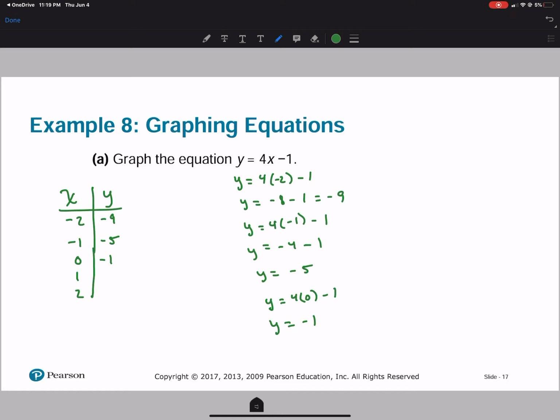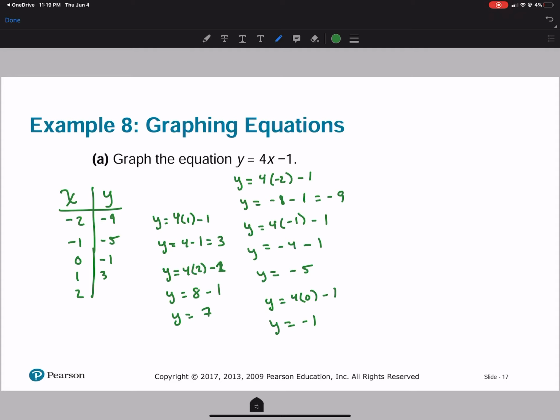And when we put 1 in there, Y is equal to 4 times 1 minus 1, which is 4 minus 1, which is equal to 3. Then we have Y is equal to 4 times 2 minus 1, and that'll be 8 minus 1, which is Y is equal to 7.